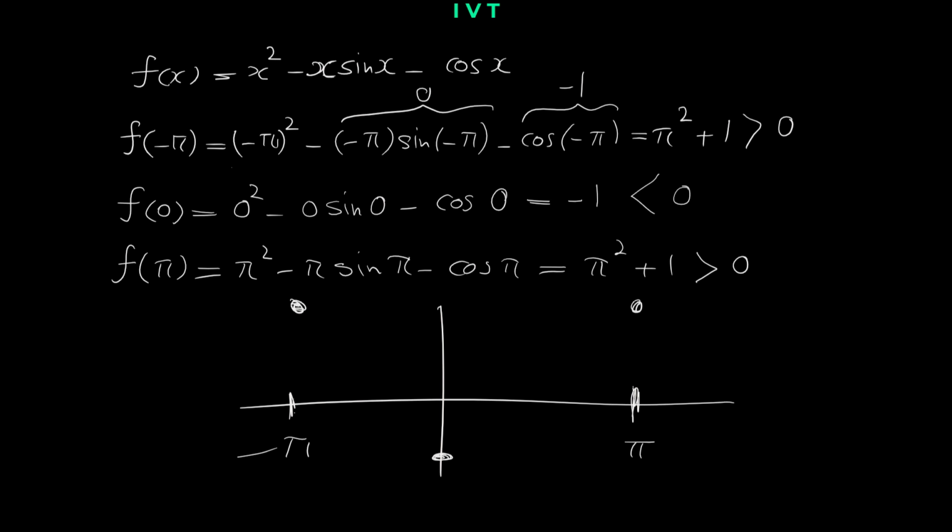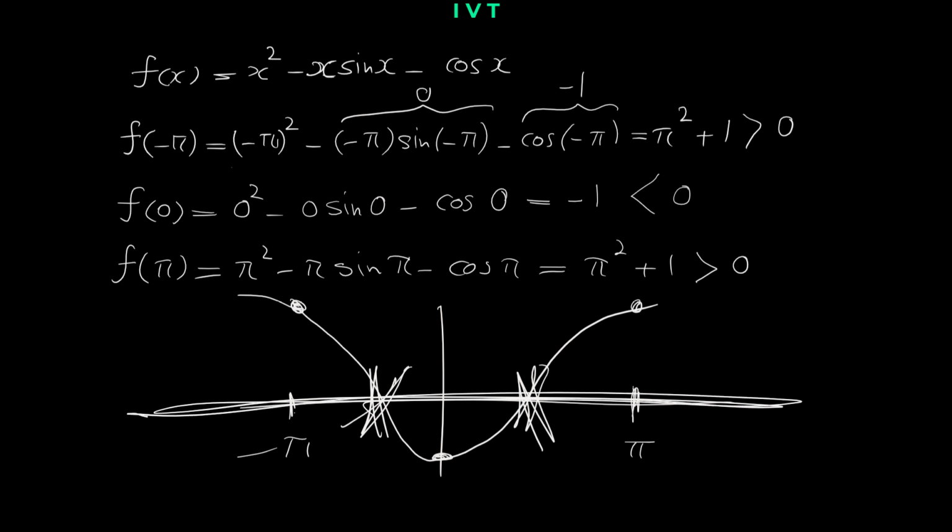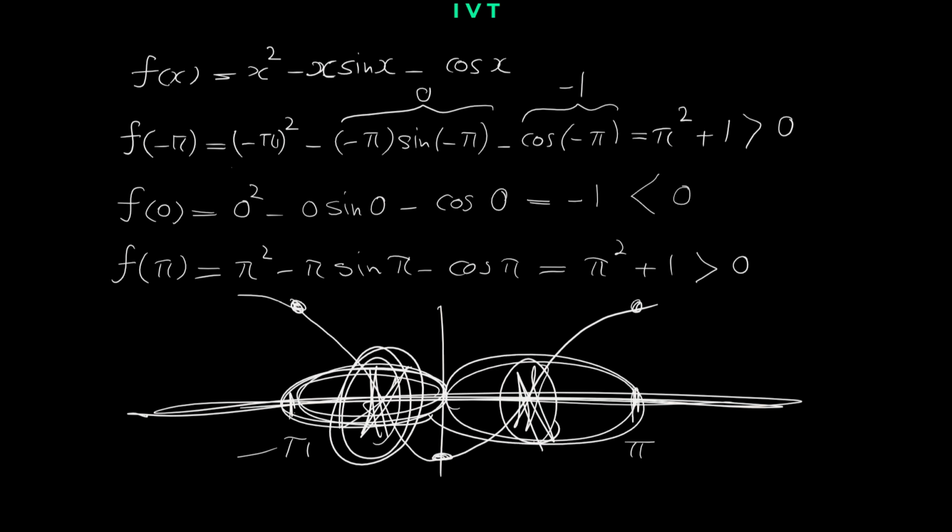If you imagine any continuous function that passes through these points, it's obvious that definitely this function should cross x-axis at least 2 points. One in this interval and one in this interval. So we can conclude from intermediate value theorem that f of x is equal to 0 at least at 2 different points.